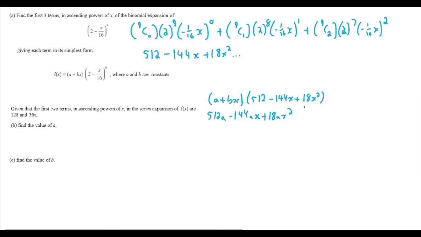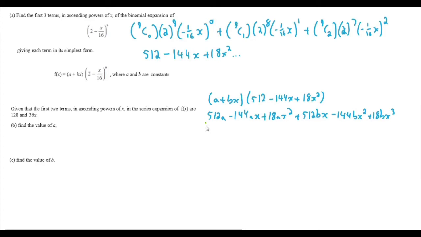Then do the same with the other terms, that now becomes plus 512bx minus 144bx squared, and then plus 18bx cubed.